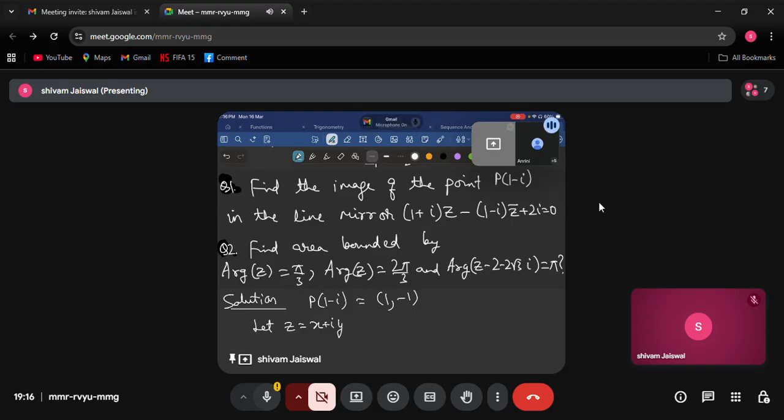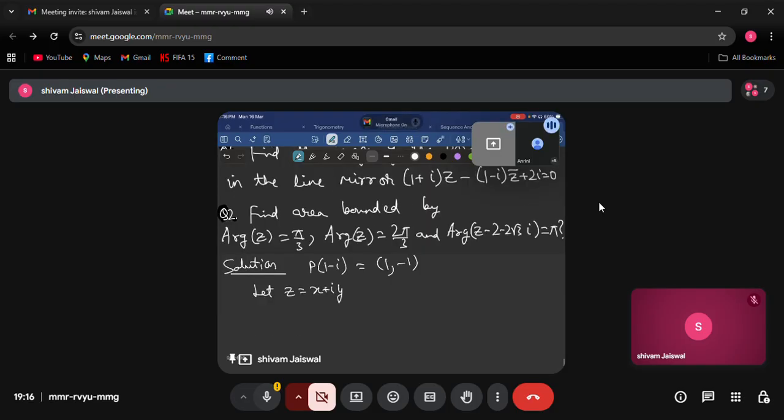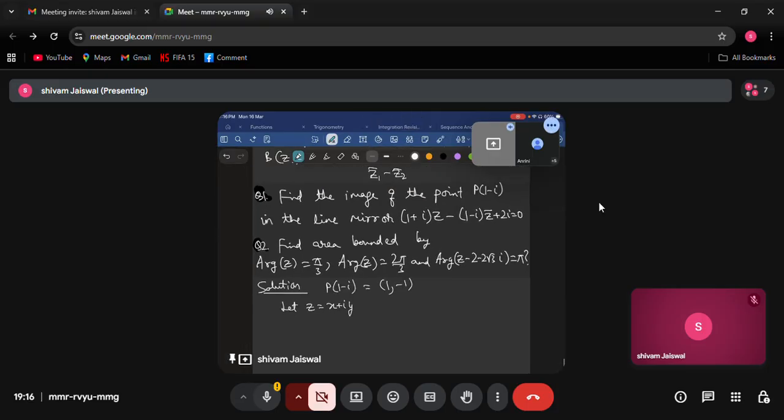Let z is equal to x plus iota y. And then you substitute. What are you getting? 1 plus iota into x plus iota y, minus 1 minus iota into x minus iota y, plus 2 iota equal to 0.